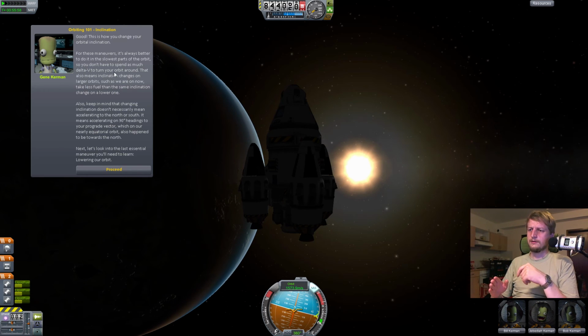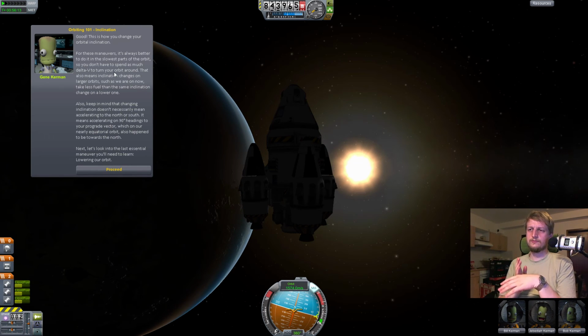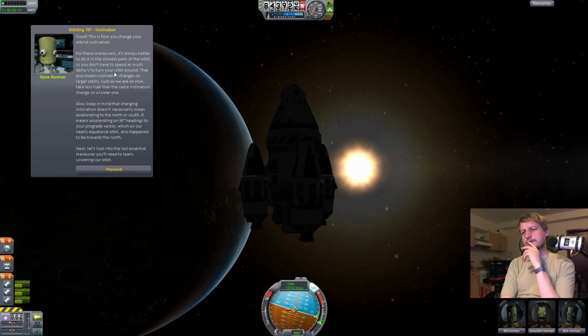If you do it in the periapsis, the speed is big, but you only need to fly a small distance to incline the orbit by a smaller degree, isn't it? So that's something I don't understand completely.